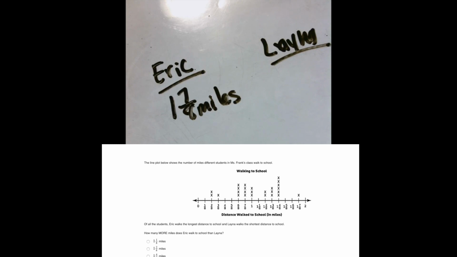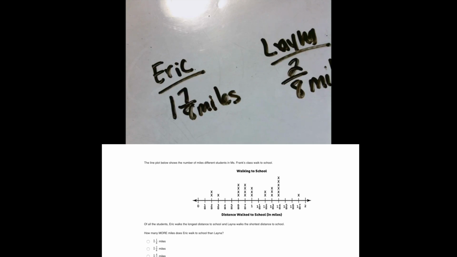Looking at our line plot again, there were 2 students that walked 2/8 of a mile, and that would be the shortest distance. So Lena walks 2/8 of a mile. The question says, how many more miles does Eric walk to school than Lena?